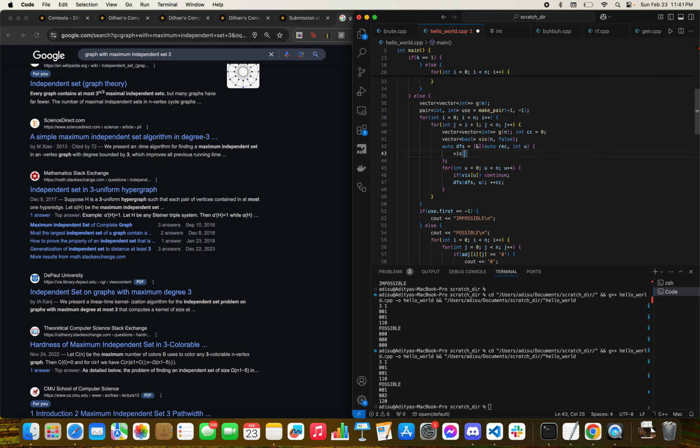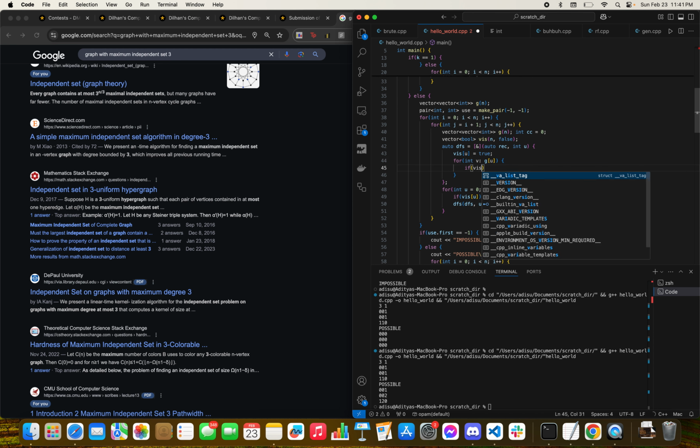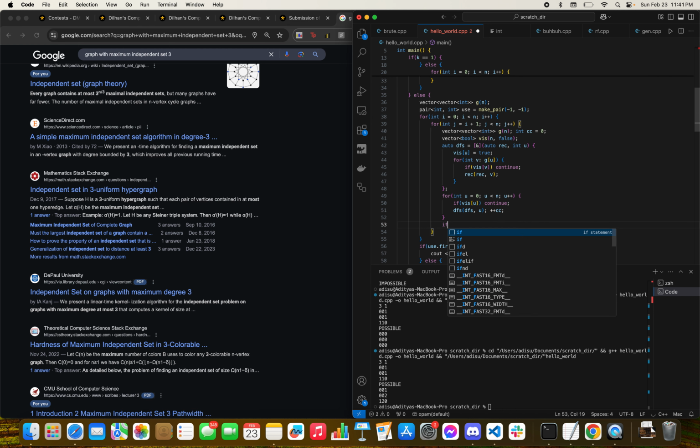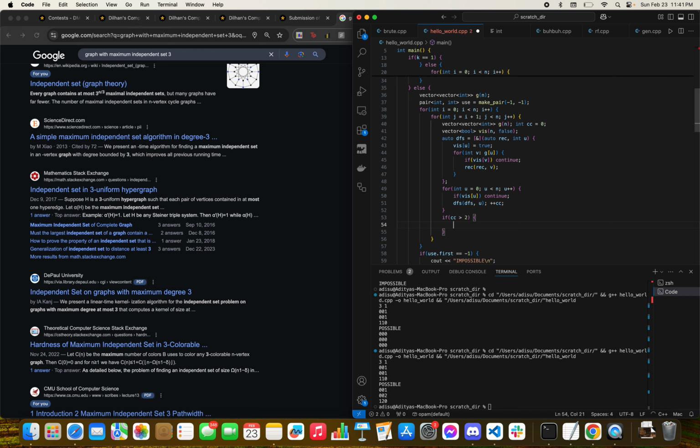Alright, so viz u equals true, for int v in g[u], if viz v continue, rec v. Alright, if cc equals... use equals make pair ij.